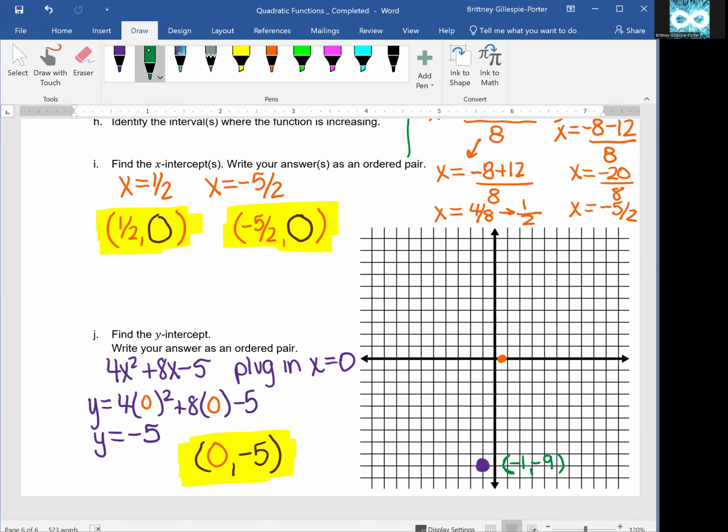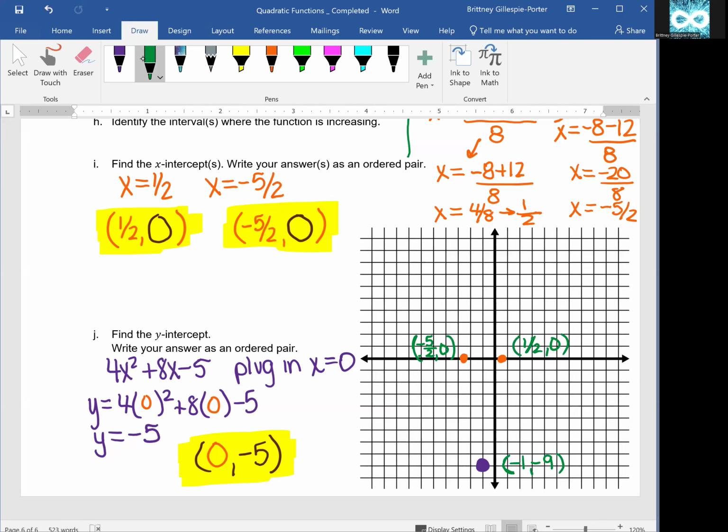And that is our ordered pair, 1/2, 0. -5/2 as a decimal is -2.5. So we're going to go 1, 2.5. And labeling my ordered pair, -5/2, 0.